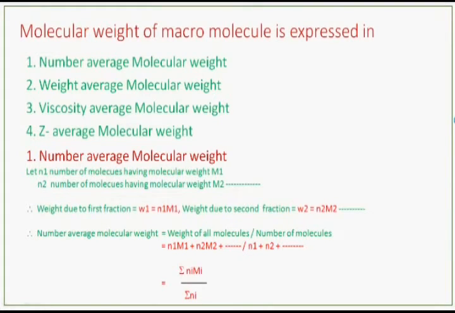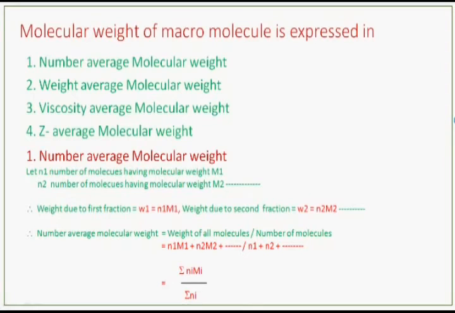So weight due to the first fraction, W1, is equal to N1 into M1, because if 10 molecules are present with molecular weight 14,000, then the weight of that kind of chain is 14,000 into 10. That means W1 is equal to N1 into M1. So weight due to the second fraction, W2, is equal to N2 into M2 and so on.